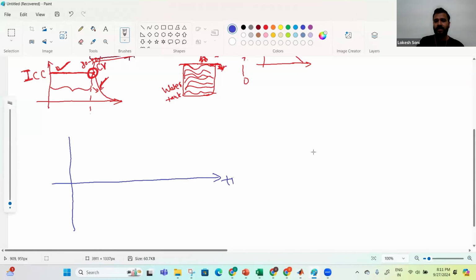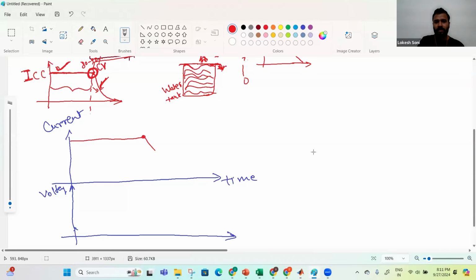This is our time axis, this is voltage, and this is current. We're doing CC charging initially. It could be like this. At this point, we do CV, and then this is how CV ends.